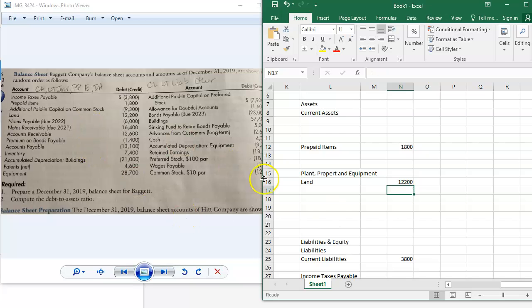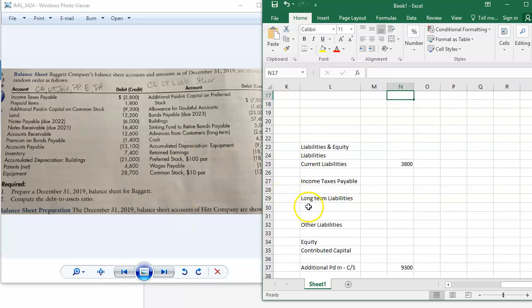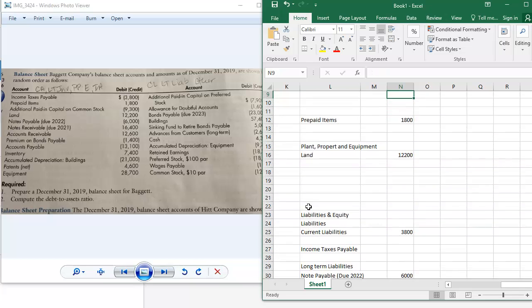A note payable due in 2022, that would be a long-term liability. A notes receivable due 2021 would be an investment.